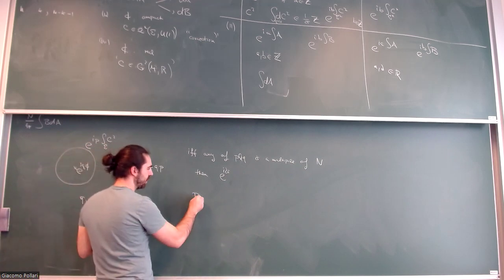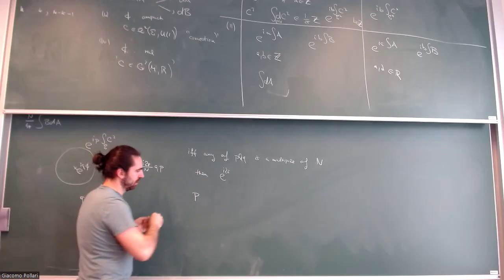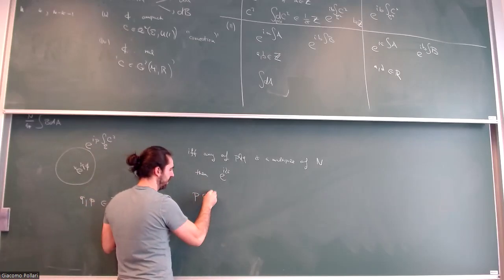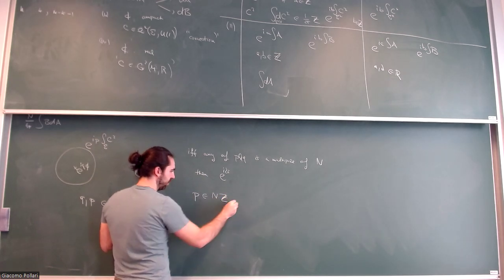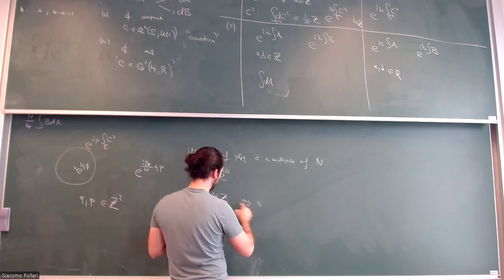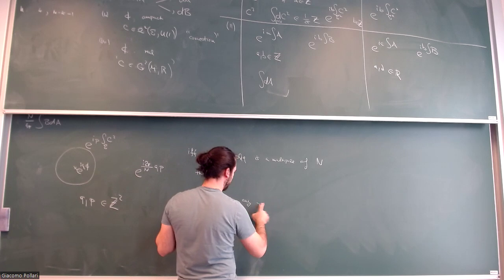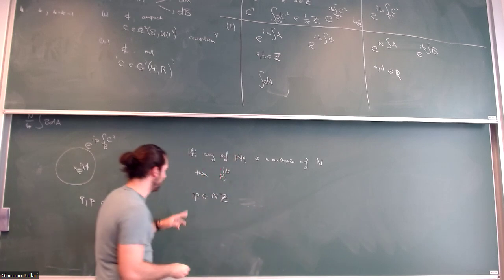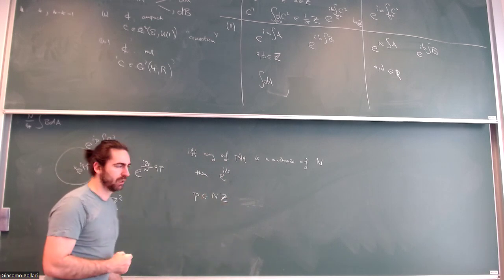So if P is a priori in this lattice of Z, any Q is transparent, any Q doesn't feel this one. So P is in nZ, Q doesn't feel it, and vice versa.